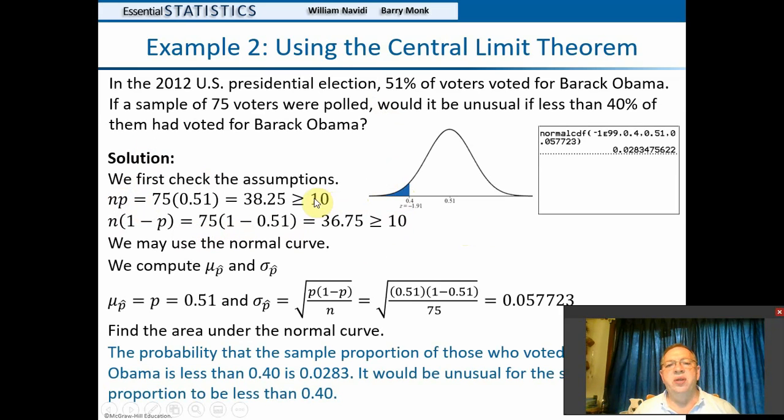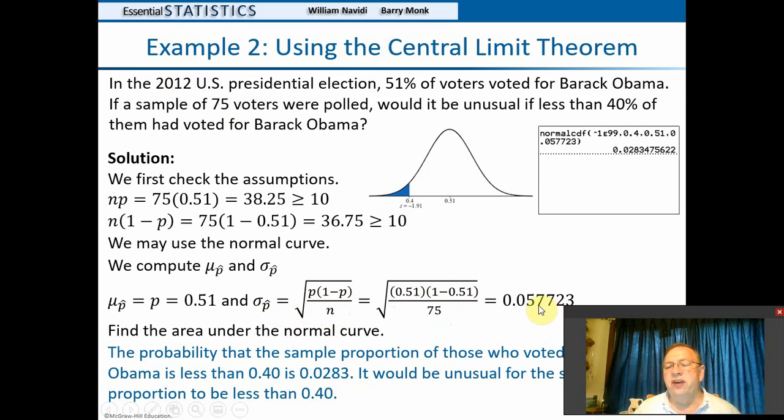Both of these are bigger than or equal to 10. So now I just need to know the mean of the sampling proportions. Well, that's basically the population proportion, 0.51. The standard error of the sample proportions is the square root of p times 1 minus p over n. This is 0.51, 1 minus 0.51, over 75, the sample size that we're pulling from.